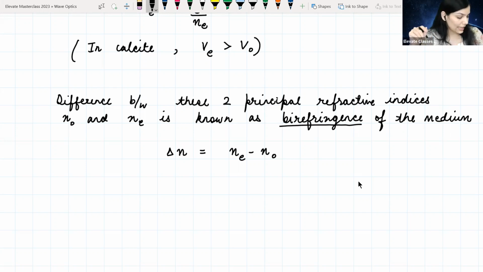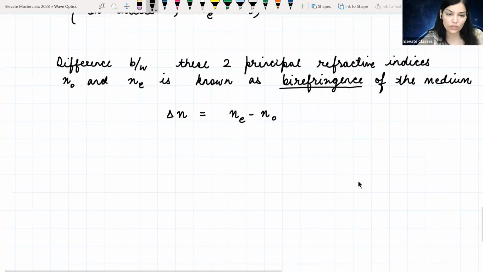But I am going to write one formula for velocity. These refractive indices that are defined, N0 and NE, this NE is more like a general value that we give, but it is different at different angles. Let me write the formula for the velocity.